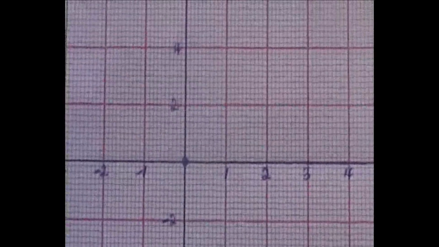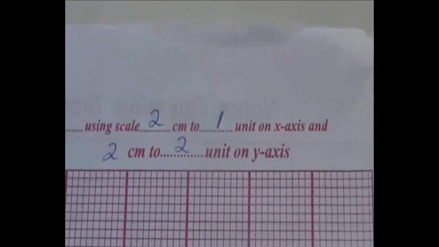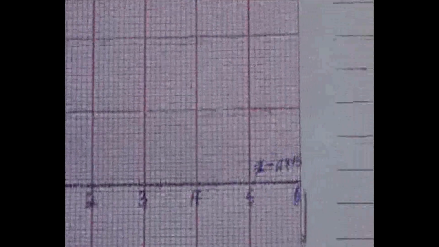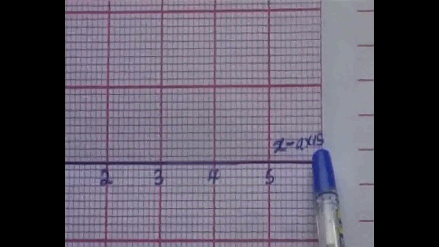You can see now that I have calibrated the graph book. I calibrated it based on the scale. The scale says that we should use 2 cm to 1 unit on x-axis. This is the x-axis. You can see it written x-axis.